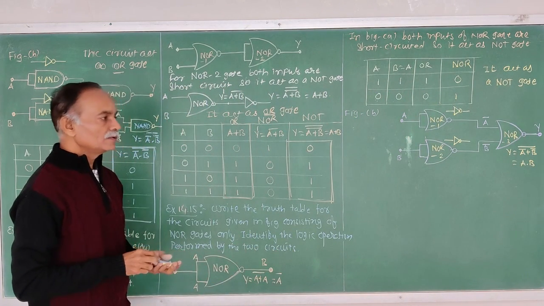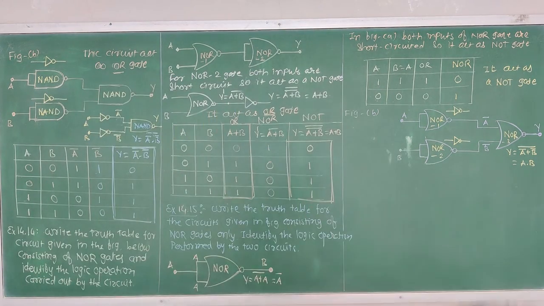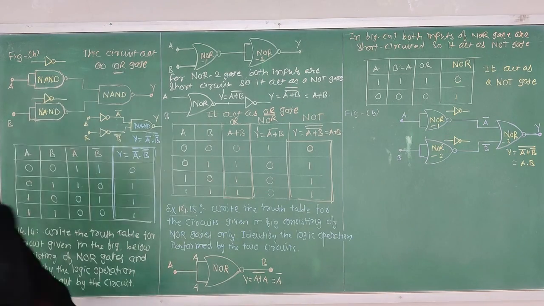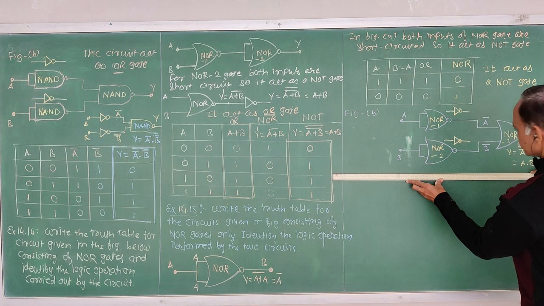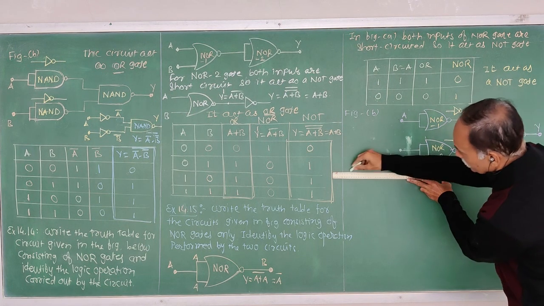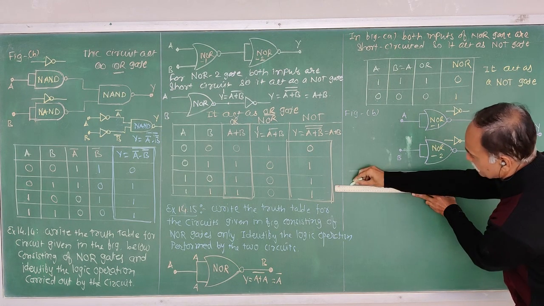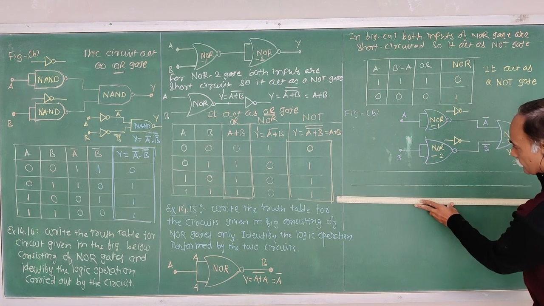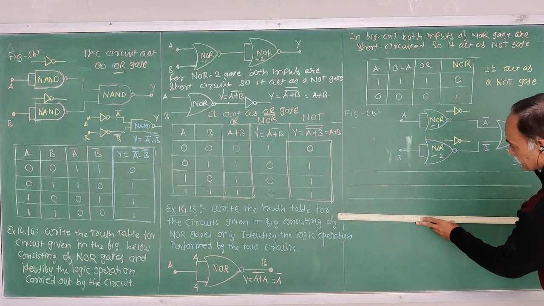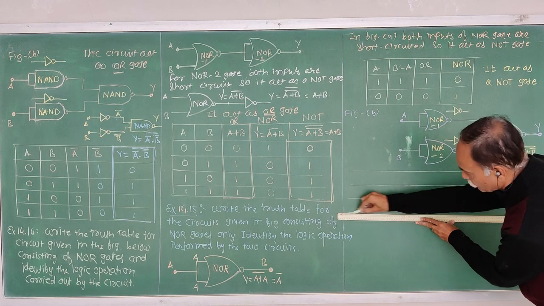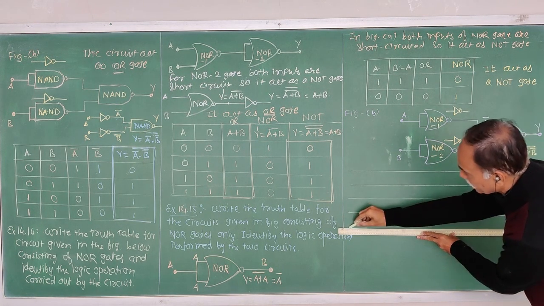We have to prove it with the help of a truth table. For that purpose, we are going to prepare the truth table. So for the truth table, we write A, B, and this. Here two inputs are given, therefore we have 4 different combinations of the inputs for A, B. And the first and second NOR gates act as NOT gates, therefore we also have to write A bar, B bar.